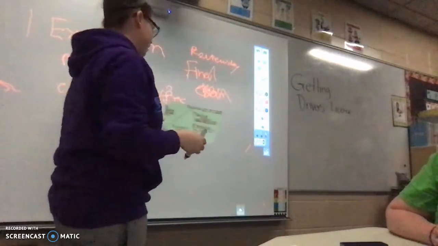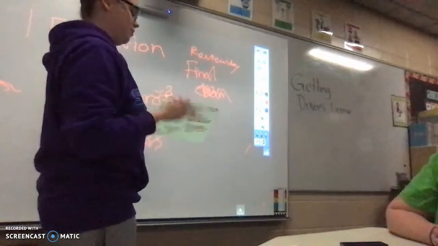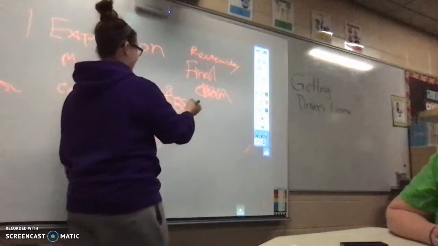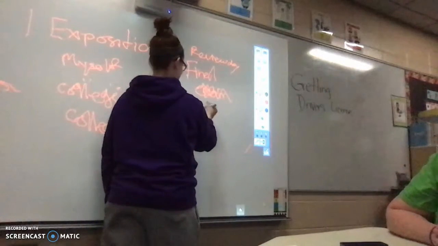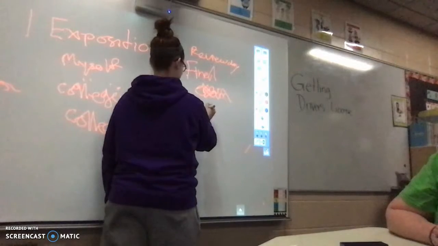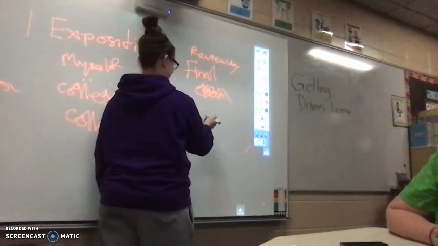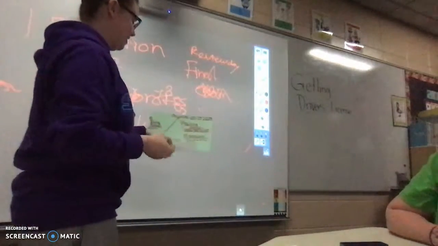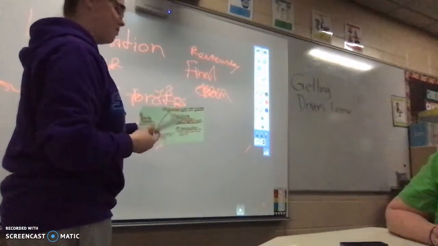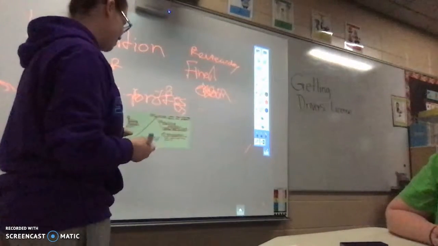And then for the climax, this is when the character faces the problem. So I failed to study, so I stayed up all night trying to study, and had no sleep, and I was worried that I was going to fail the test.